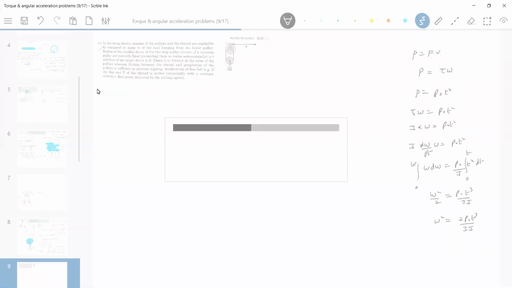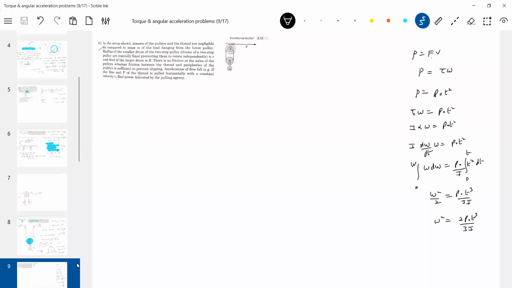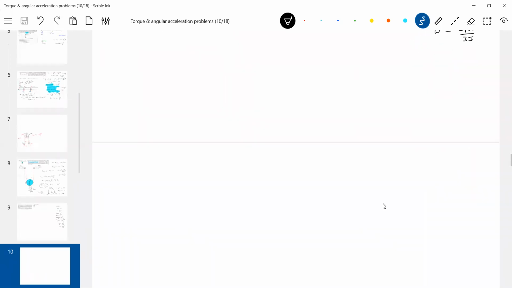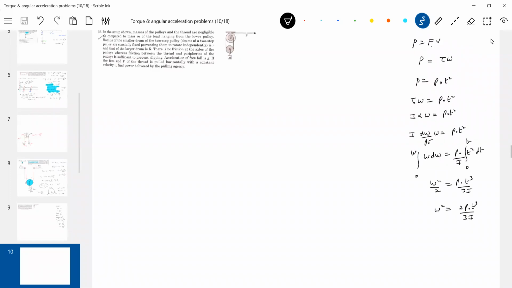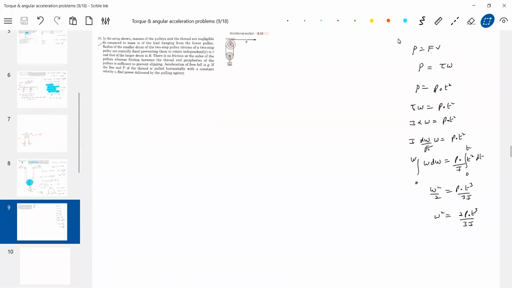Let me give the mathematical ideas. I'll put it in a separate page.